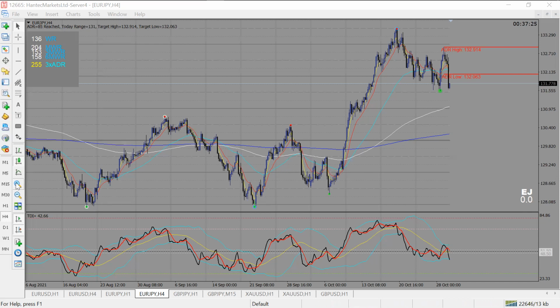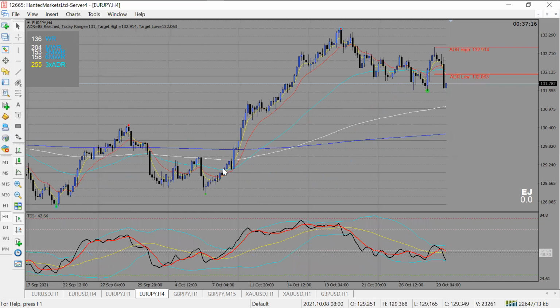If you look here, you see where we have the yellow go above the red. That is an indicator to buy. Now, but you see here that already the TDI has given you an entry signal right at this point.